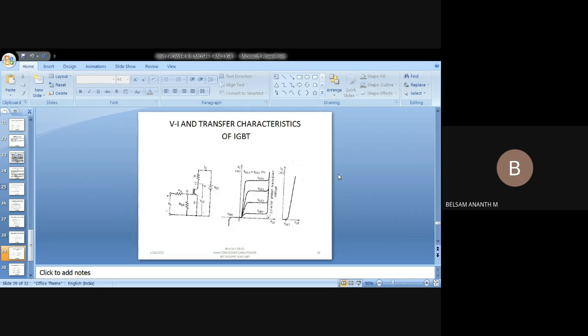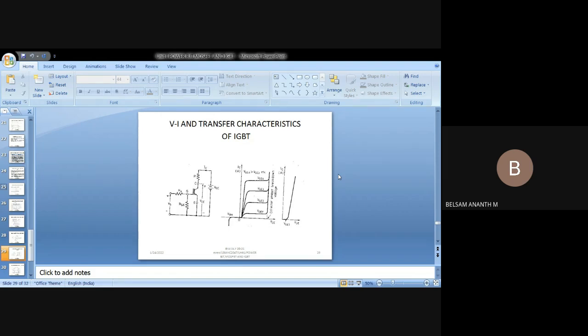So these are the voltage and current transfer characteristics, and the next one is the switching characteristics. One is called the transfer characteristics of your IGBT. The first characteristic is taken between the collector emitter voltage and the collector current. Similarly, the second characteristic is taken between the collector current and the gate emitter voltage.